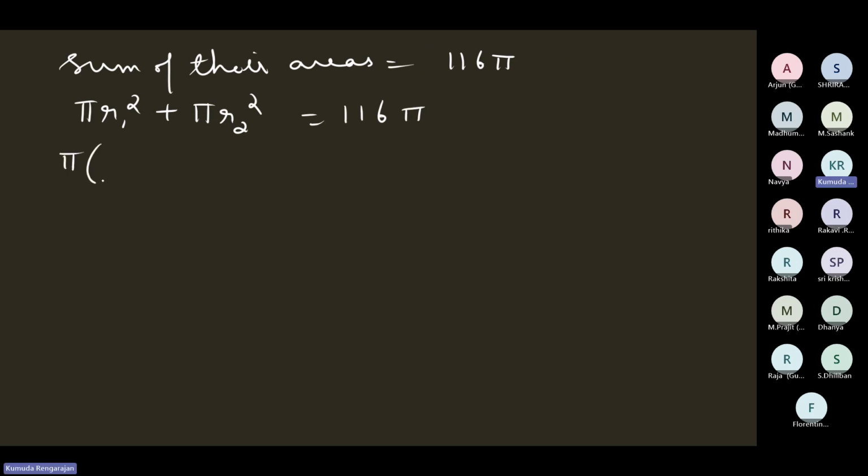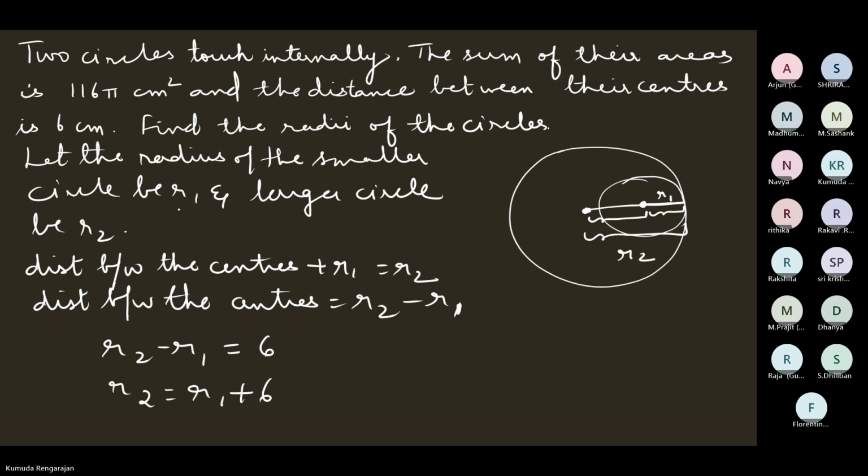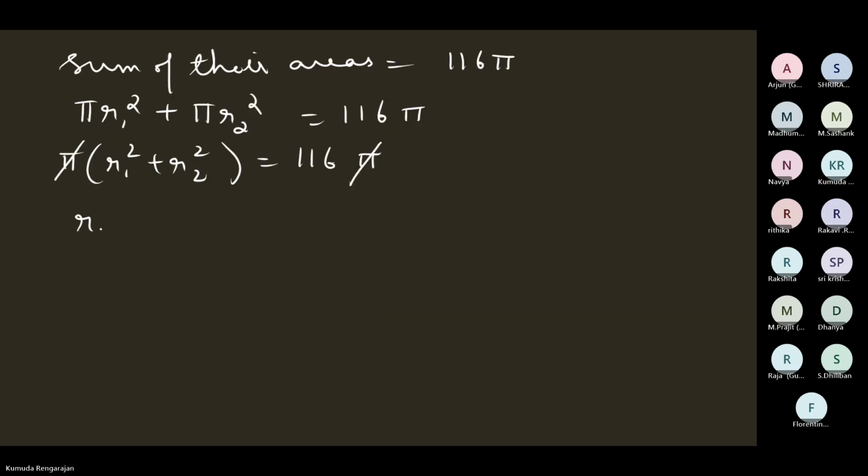Pi is common, so pi gets cancelled on both the sides. R1 square plus R2 square is equal to 116, with R2 is R1 plus 6. Work this out.